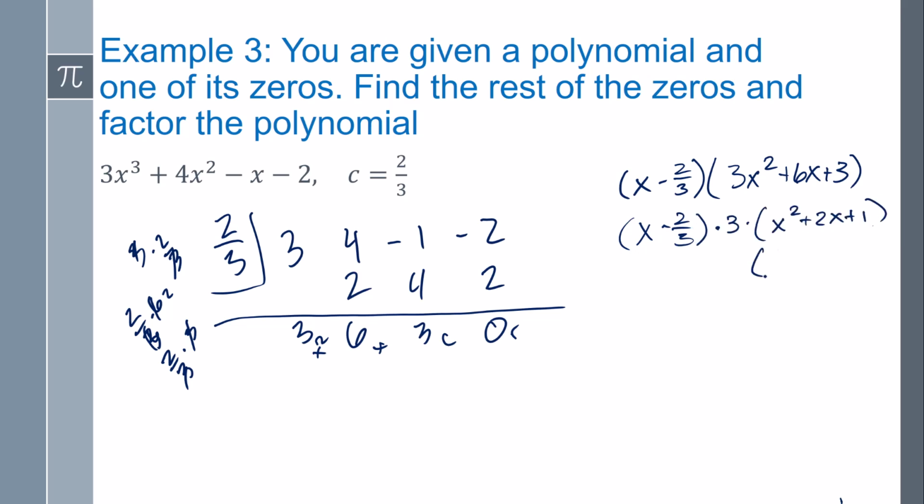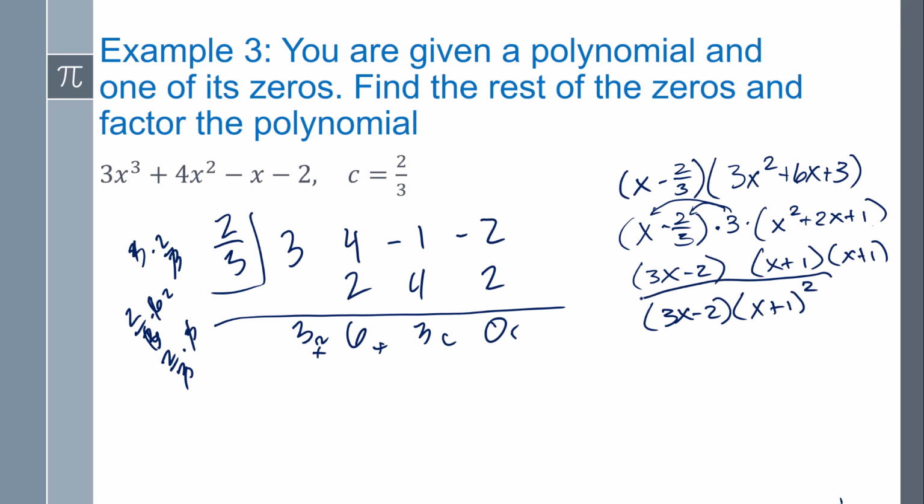Factors of 1 that add to 2 are 1 and 1. Now, see this 3 and this 1/3? Whenever you divide by a fraction, you could actually multiply that number through, so you no longer have a fraction. It'll always happen that way. So now, just writing this condensed, there's my polynomial, and then my factors, or my zeros, are 2/3, and setting the other factor equal to 0, you get negative 1.